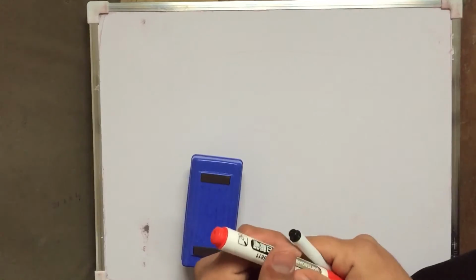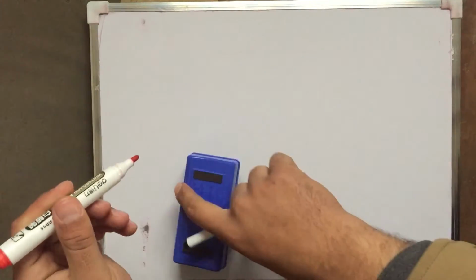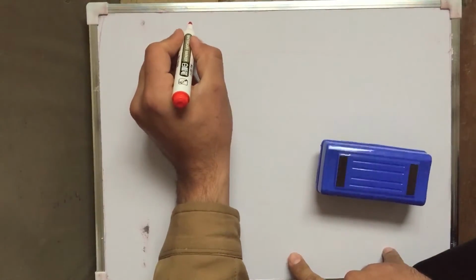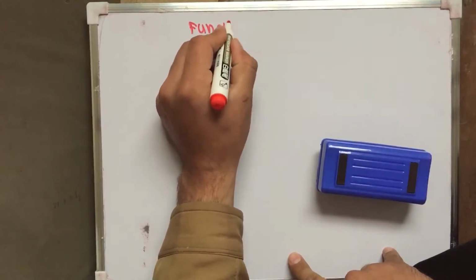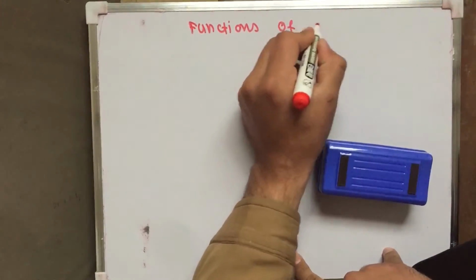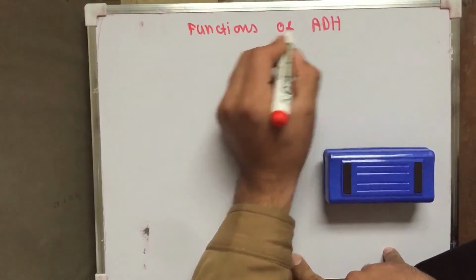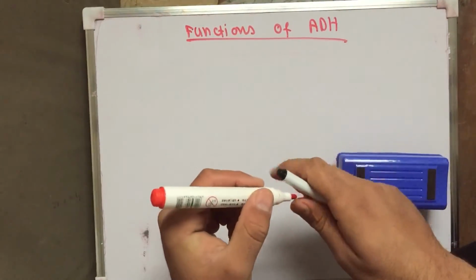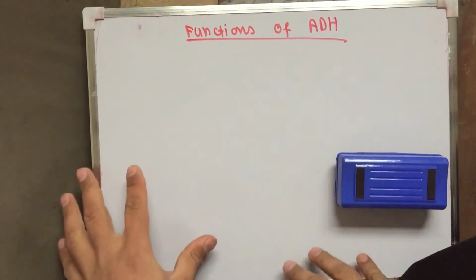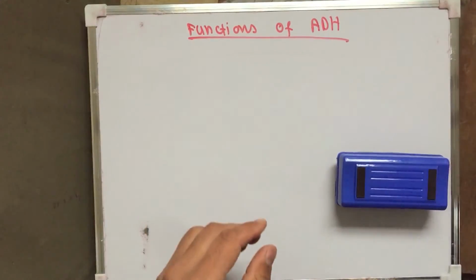Now we are going to discuss the function of the antidiuretic hormone. There are two main functions of antidiuretic hormone.